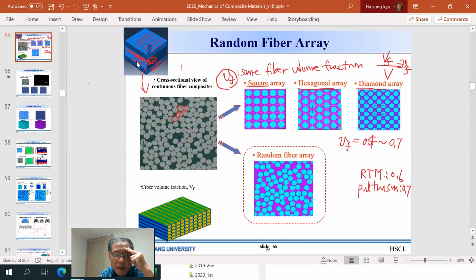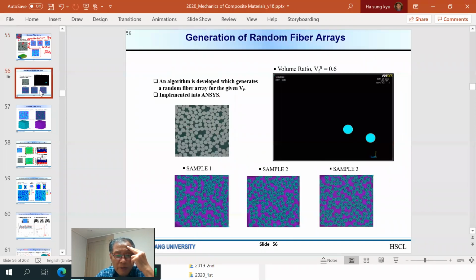So we can numerically generate a random fiber array, so that we get a more detailed, more realistic behavior at the micro level. So first we need to decide how to generate these random fiber arrays. But again, the fiber volume fraction, VF, has to be the same. Otherwise, it's totally different.